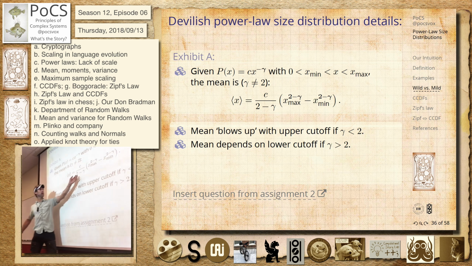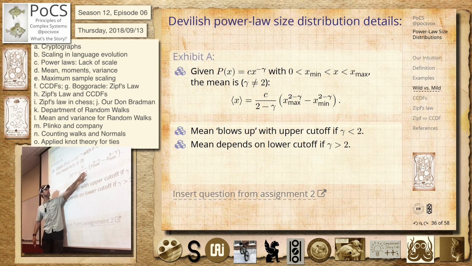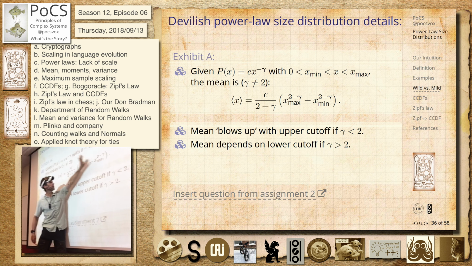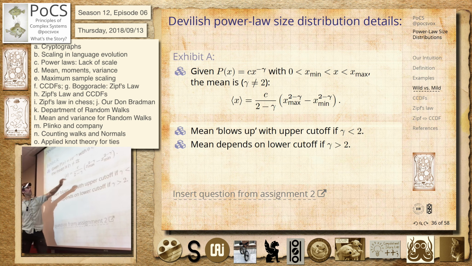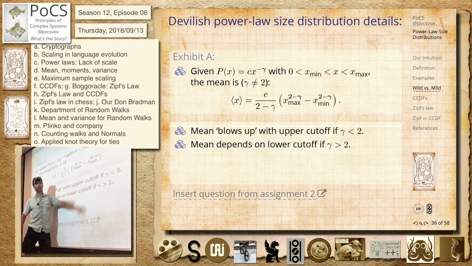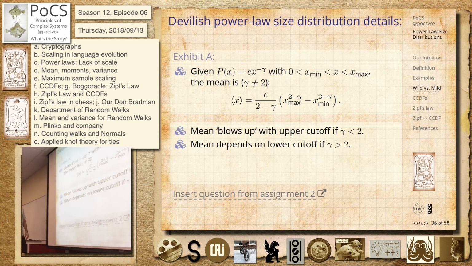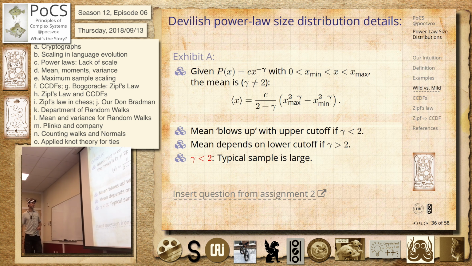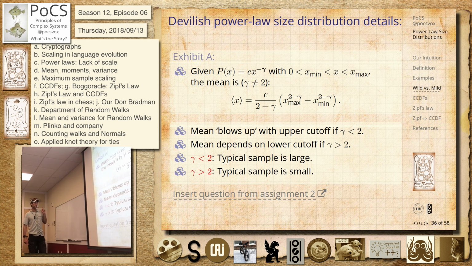The signs will all work out. This is 2 minus a quantity greater than 2, so this is a negative quantity. This is negative. So we get something that is going to be a small piece. It's only going to depend on that lower cutoff, which is an end of it, right? So typical sample is small when gamma is greater than 2, and typical sample is large when it's less than 2. This is just a feel for these things.